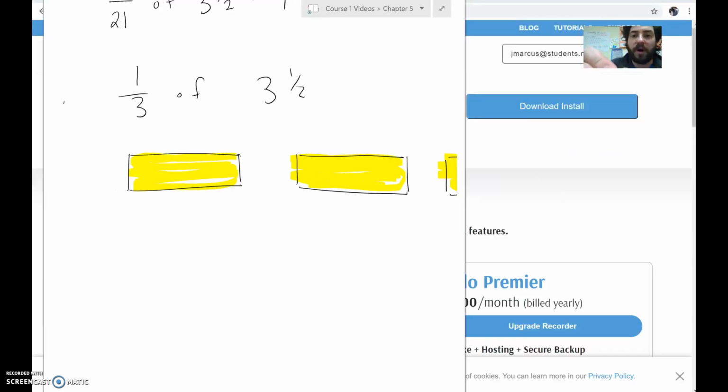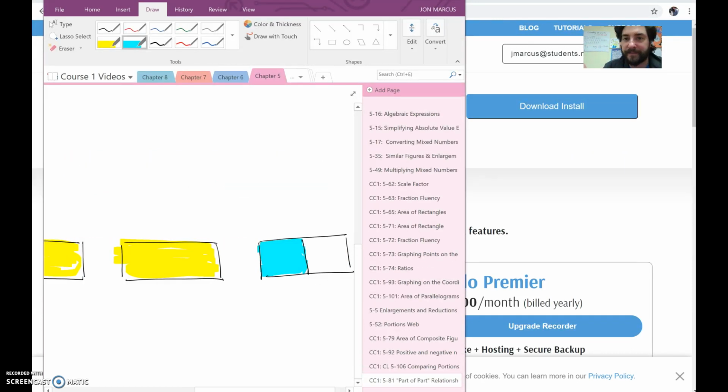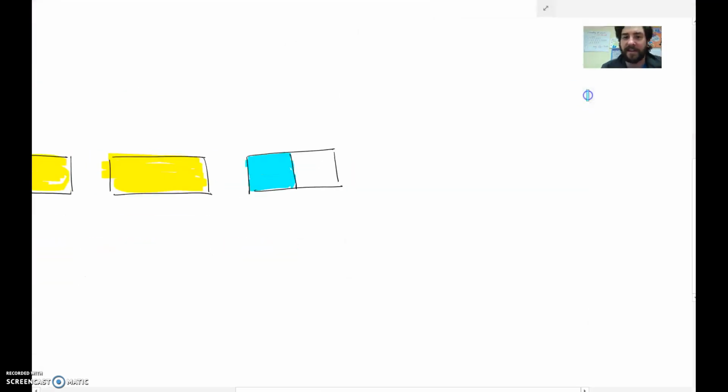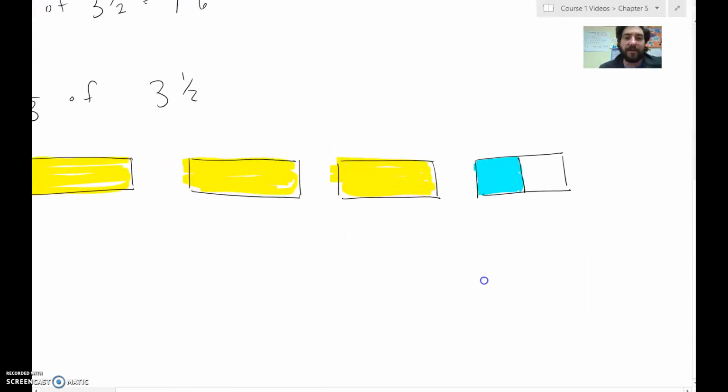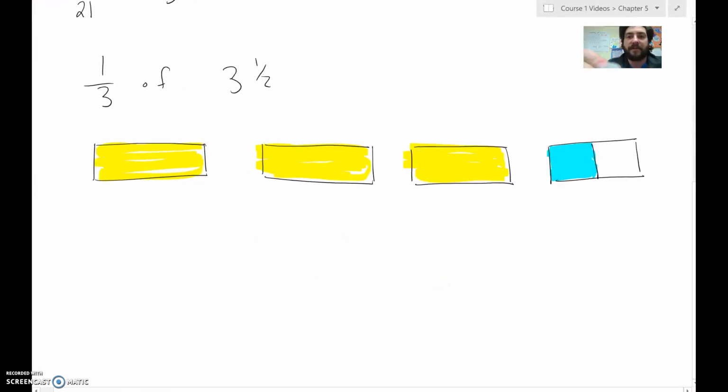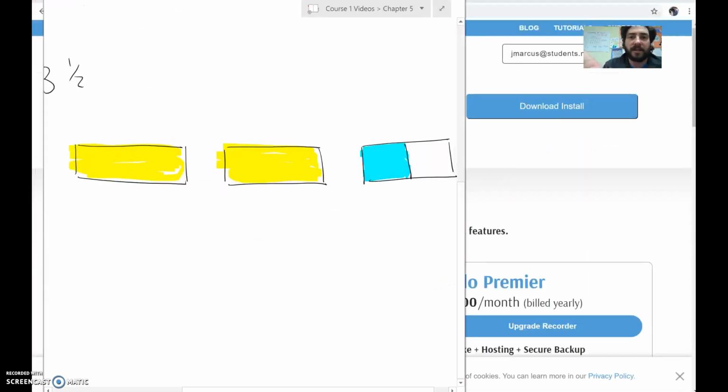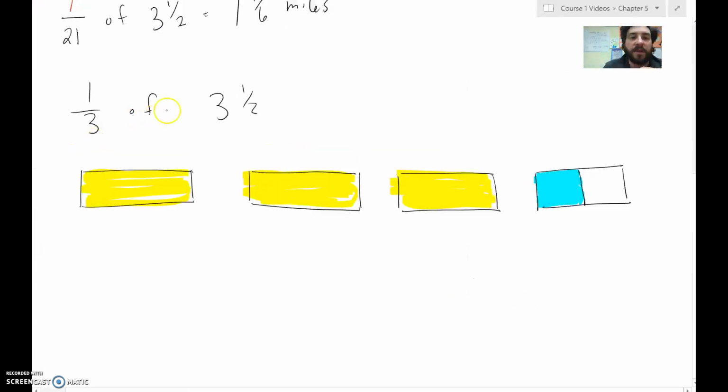And if I want to take 1/3, what's 1/3 of everything here? Well, this is 1/3 of 3 and 1/2. So 1/3 of 3 miles.